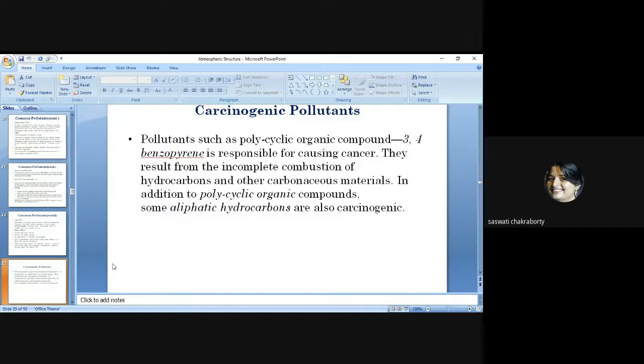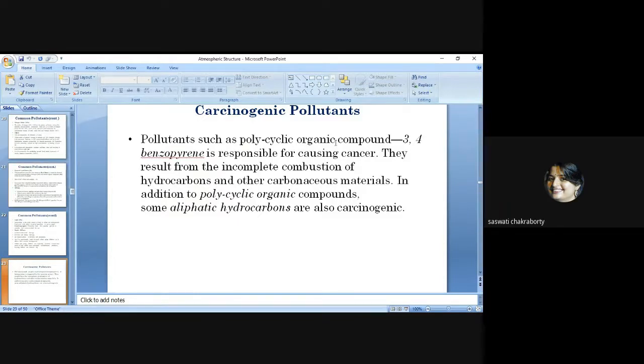Although cancer is a complex disease, and there are so many reasons for cancer to occur, it has been found that these components do play a role in causing cancer or in enhancing this cancer disease.